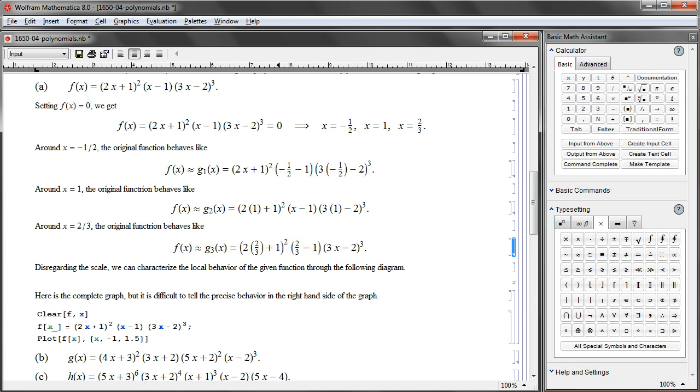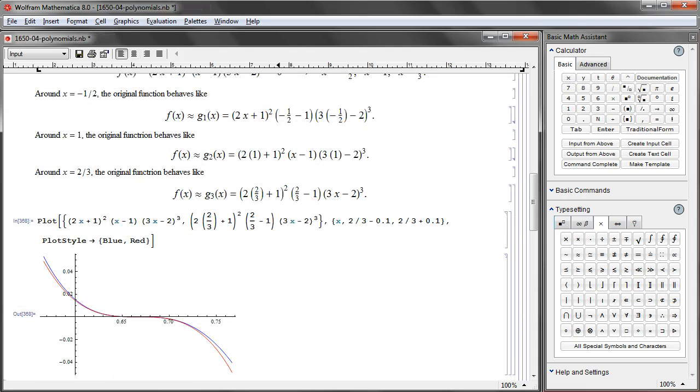And here is the graphical justification. I think I just zoomed too much. Zoom out a little bit. Okay, let's look at the blue graph and the red graph.